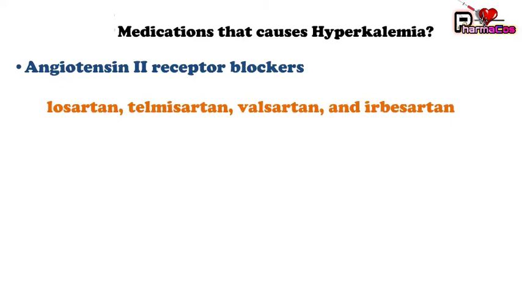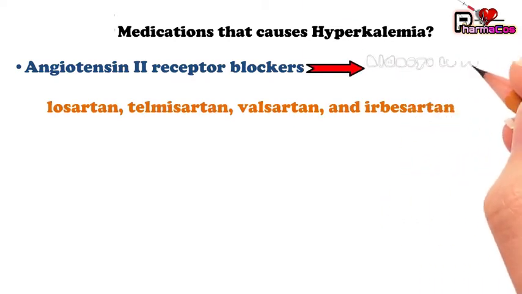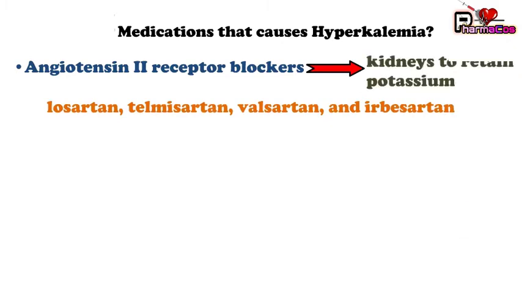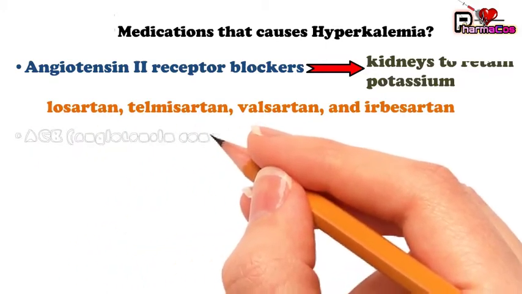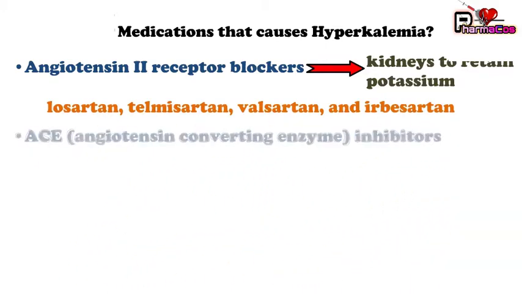These medications are used to treat high blood pressure but can cause your kidney to retain potassium instead of letting it flow out with your urine. ACE inhibitors, which are angiotensin converting enzyme inhibitors. ACE inhibitors like lisinopril, enalapril, and quinapril also cause hyperkalemia like ARBs.